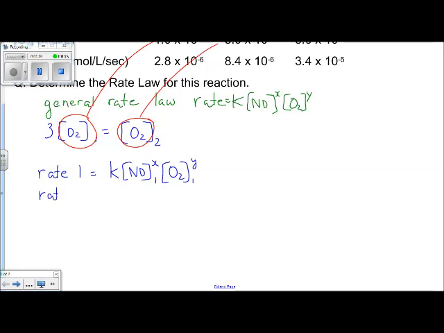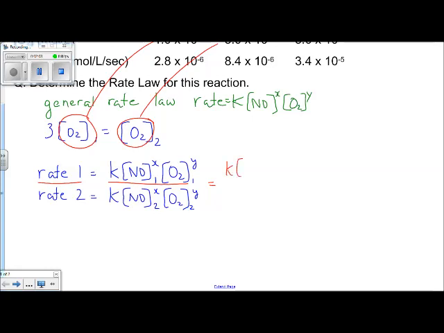The rate in the second experiment will be equal to the same K times the concentration of NO from the second experiment raised to the power X times the concentration of O2 from the second experiment raised to the power Y. What we're going to look at now is the proportion of rate 1 to rate 2, or the ratio of rate 1 over rate 2. So we'll divide rate 1 over rate 2, or we'll divide the rate laws.